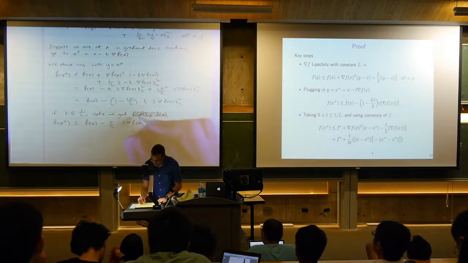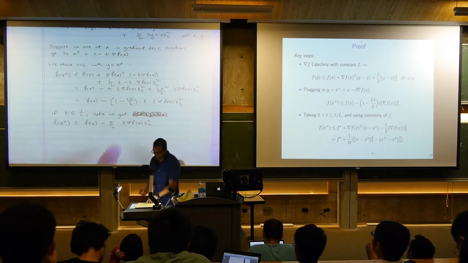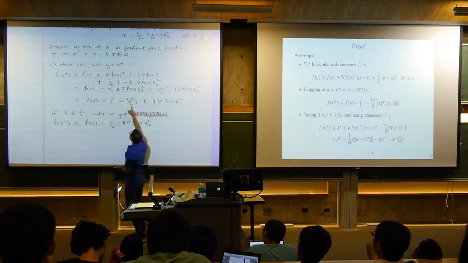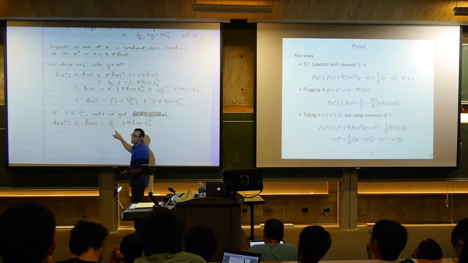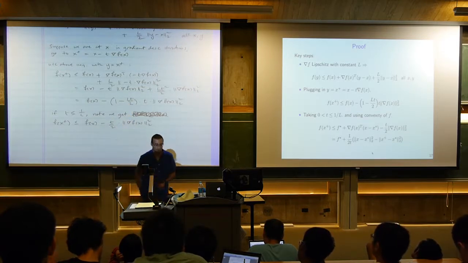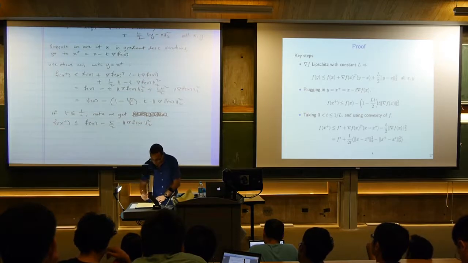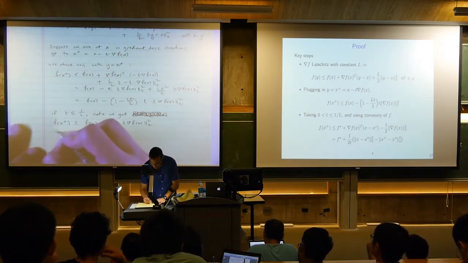I was stopping short of what we can say. If t is less than or equal to 1 over L, then this factor is bigger than or equal to half, so we can make this inequality. Okay, so an important aside.